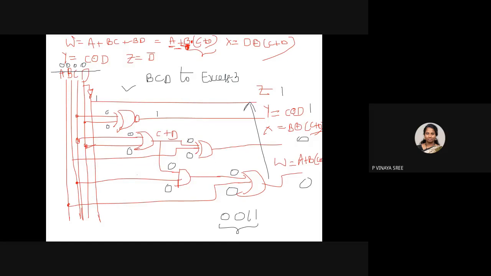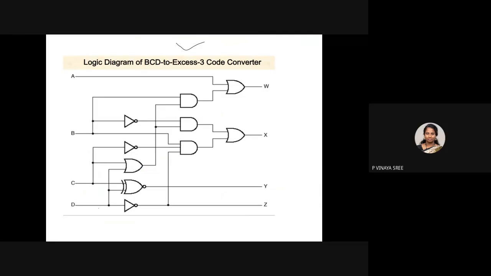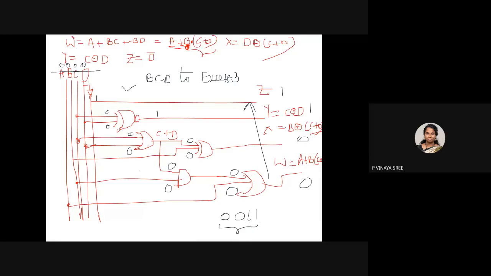And see here, ma'am, after simplification how many gates are we using in this? Total 5, let us suppose. But in this how many gates did we use? More than 5. Which one will be efficient? The first one without simplification or the second one after simplification?